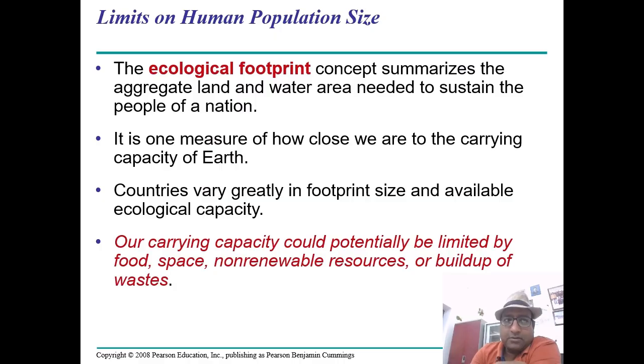Ecological footprint. The concept of ecological footprint summarizes the aggregate land and water area needed to sustain the population of a nation. So how many people can a nation have at a given time?